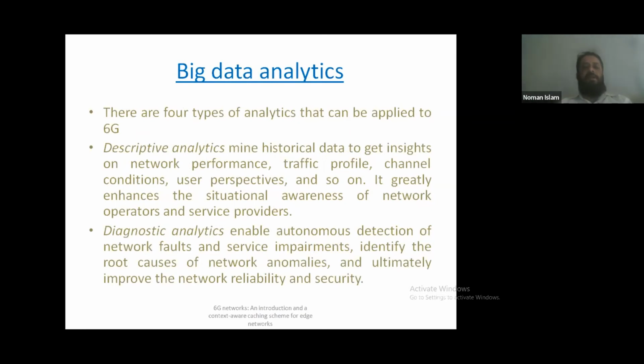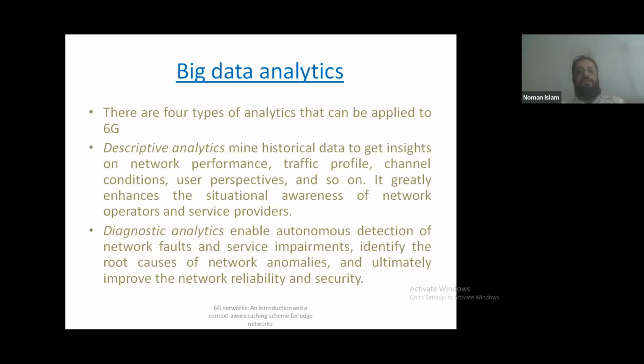Using big data analytics, we can perform four types of analytics. Descriptive analytics can be used to gather better information about the network, the traffic profile, channel conditions, and so on.